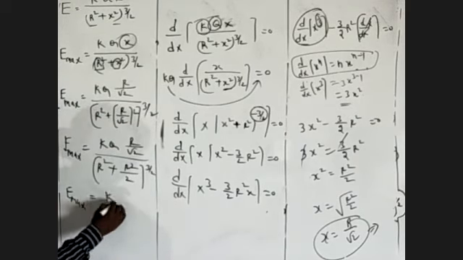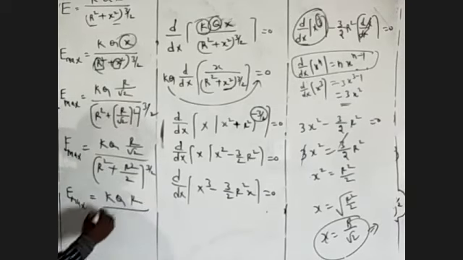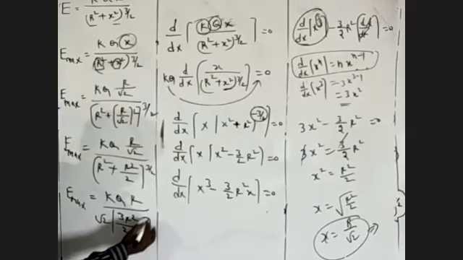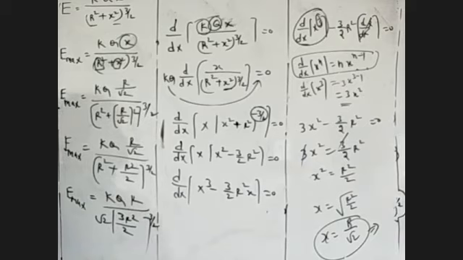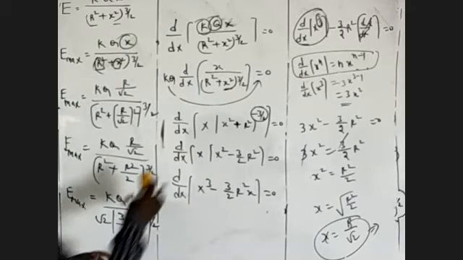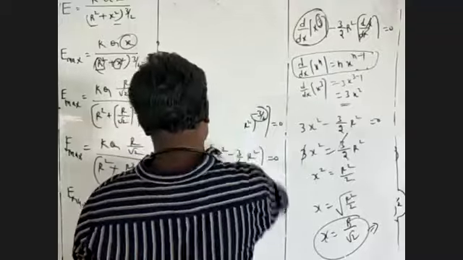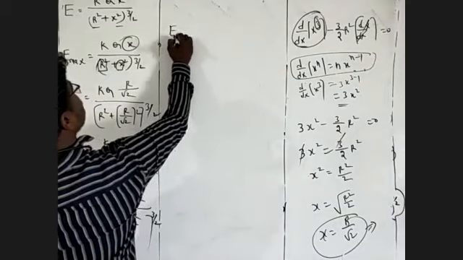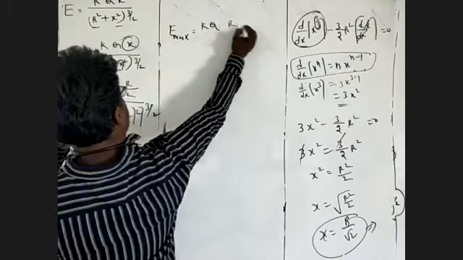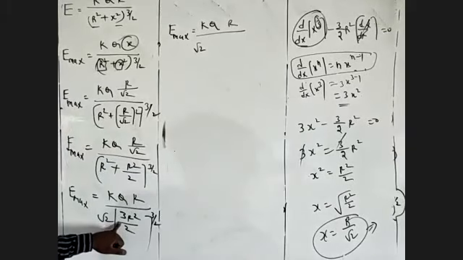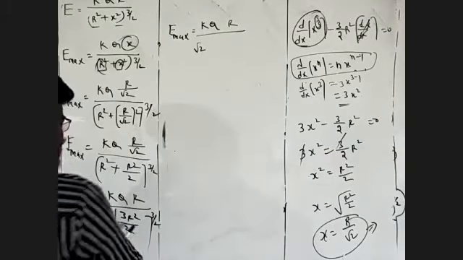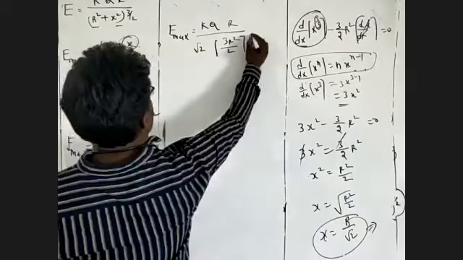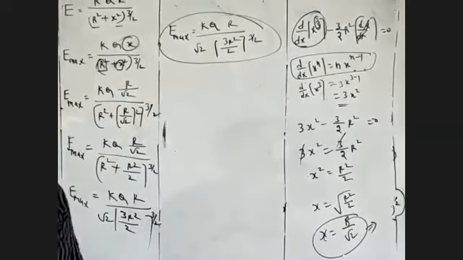Emax is equal to KQ r by root 2 by (3r square by 2) whole power of 3 by 2. This is your answer. Now how can you simplify this one? This is r square by 2 whole power of 3 by 2. This is the Emax.